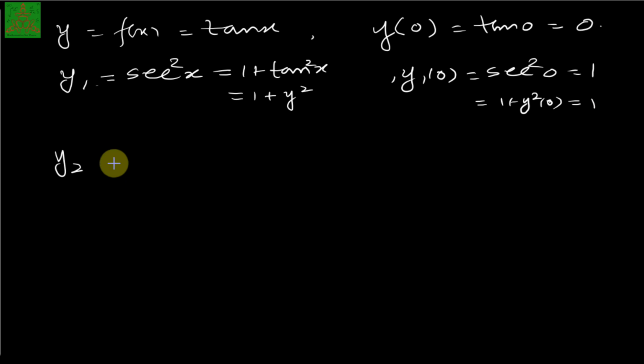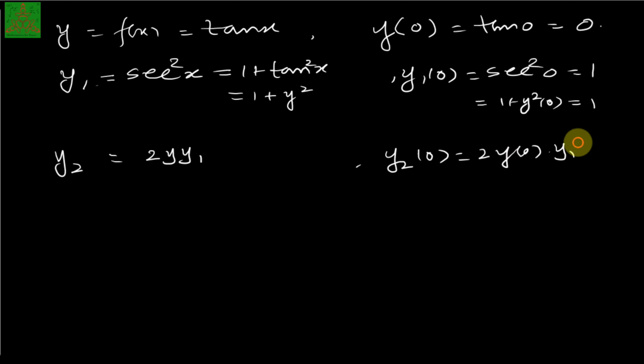In that manner also we can calculate. Now to calculate y2, that means the derivative of this function: derivative of 1 is 0, and the derivative of y square is 2y1. So y2 at 0 is 2y at 0 into y1 at 0. But y at 0 is 0, so that's why this value is 0. y3 we can get by using the product rule here. y as it is, derivative of y1 is y2, plus 2 times y1 as it is, derivative of y is y1, so it is y1 square.